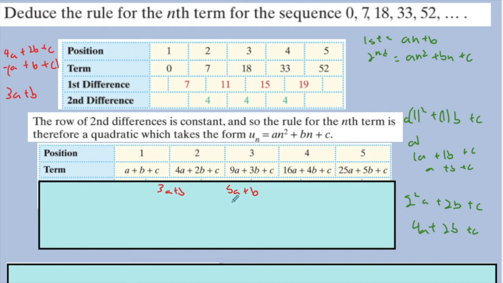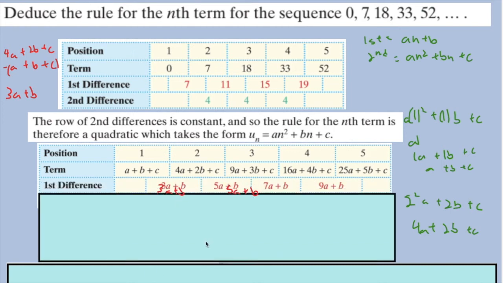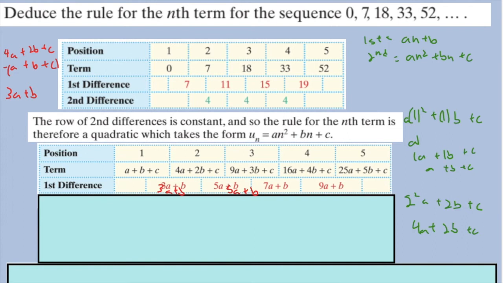If we did that for all of them, there we go. We notice the b doesn't change.